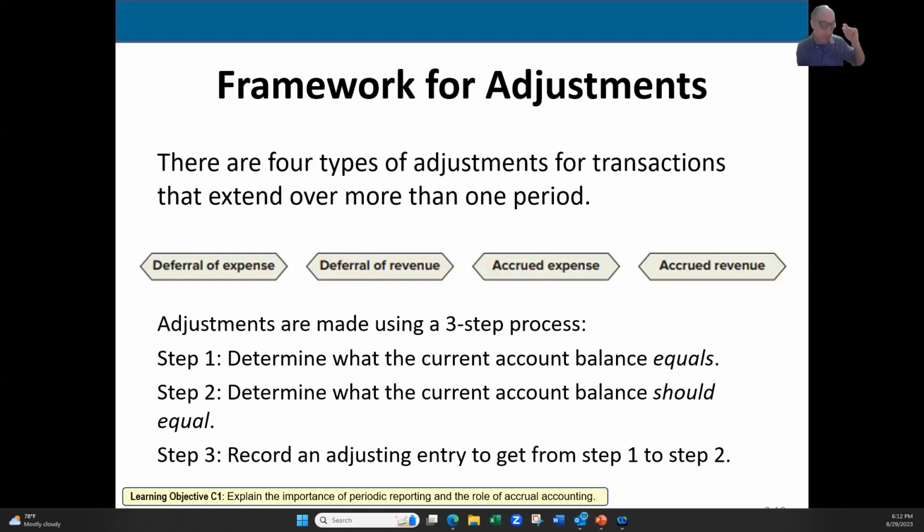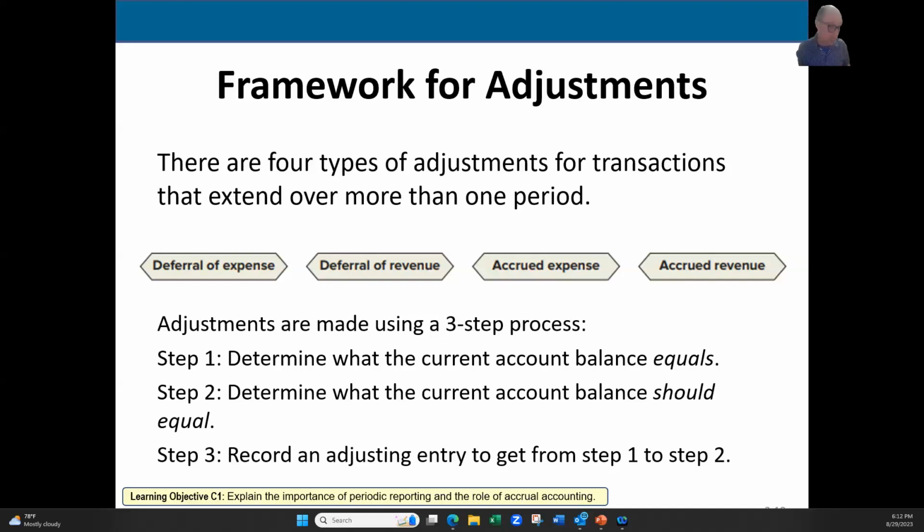If we adjusted cash, that means we did something wrong. Okay. So the type of balance sheet accounts that normally get adjusted would be some of the payables, accounts payable, wages payable, taxes payable. Or it might be some of the receivables, accounts receivable.